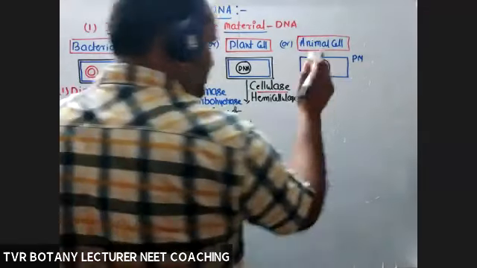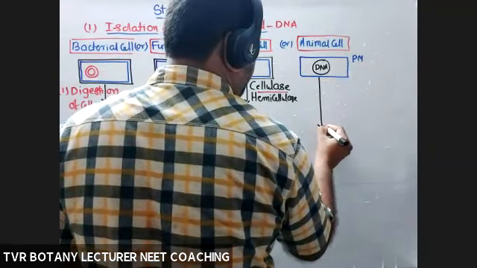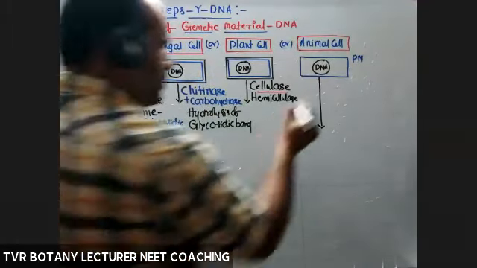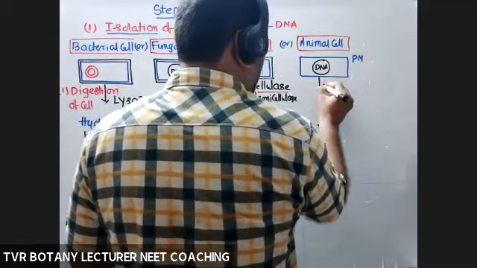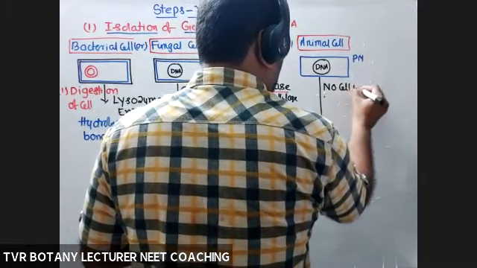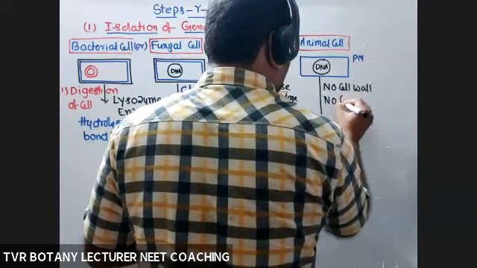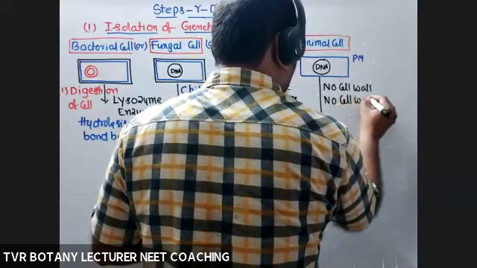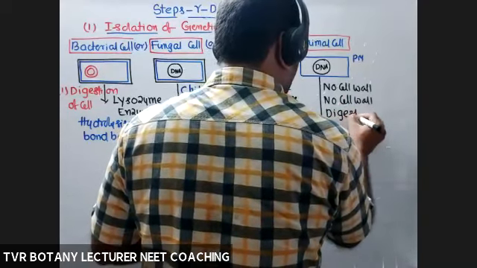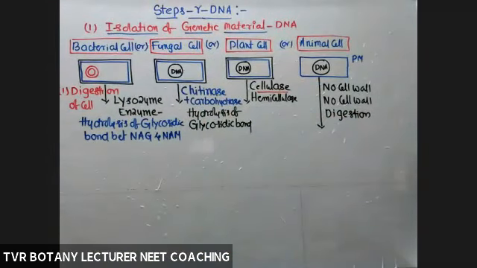Next, in the animal cell case, no cell wall digestion. This step is not required. Bypass, that is not required because there is no cell wall. The reason is that it is a protoplast.